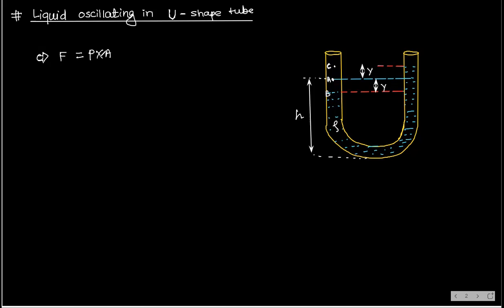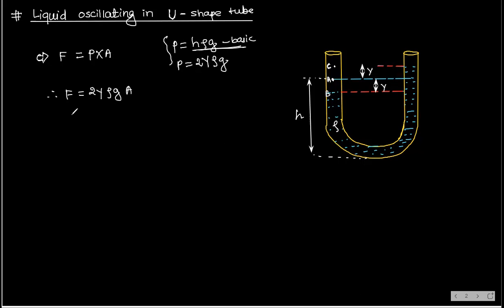What is the pressure formula? We have the h rho g formula, but this is the basic formula. In this case, this h is equal to 2y. So P is 2y rho g, and therefore F is equal to 2y rho g into A.